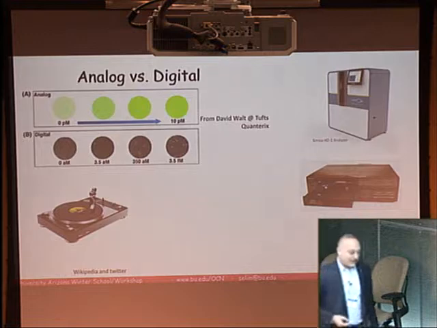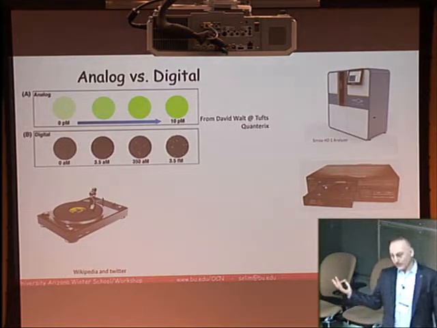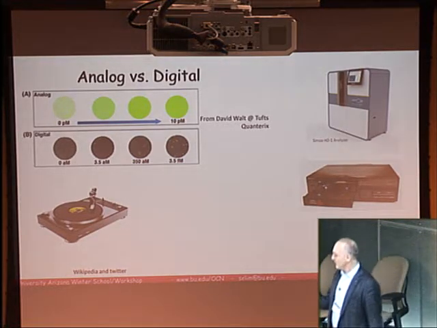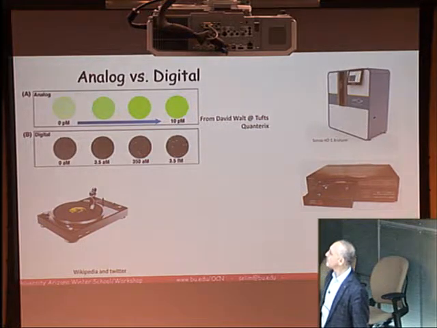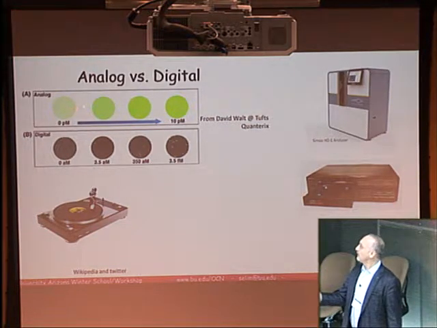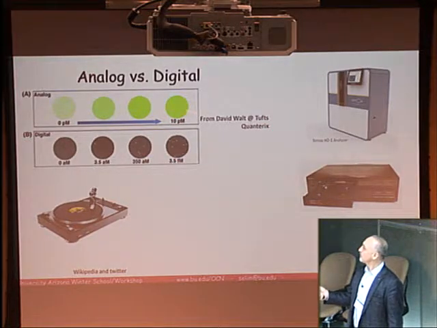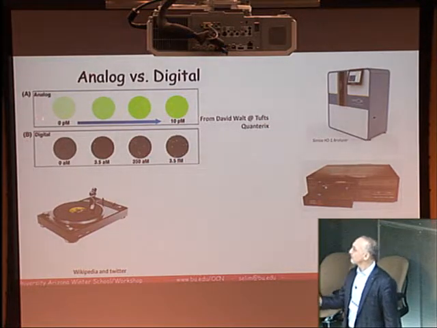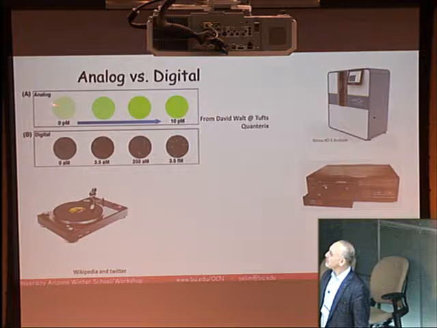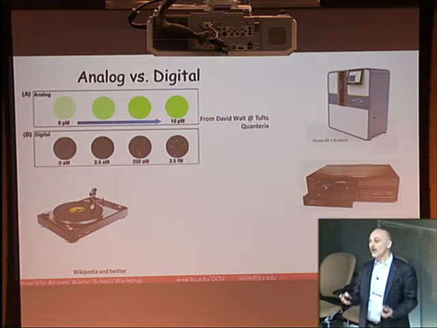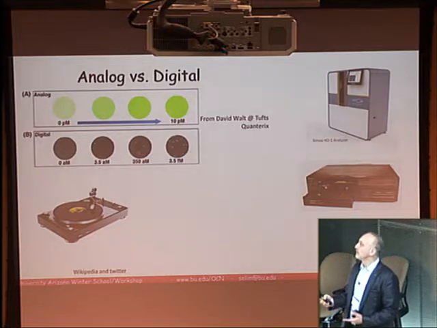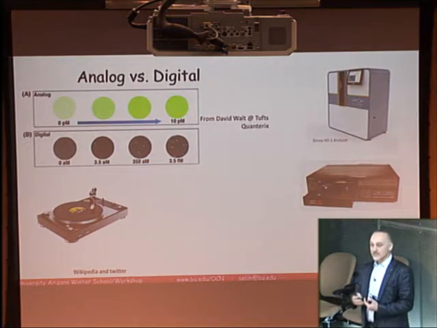So why is analog versus digital important? This is stolen from David Walt, who is founder of Illumina, and his new company, Quanterix, is working on digital detection. The readout of an analog signal requires a precision which limits its sensitivity.